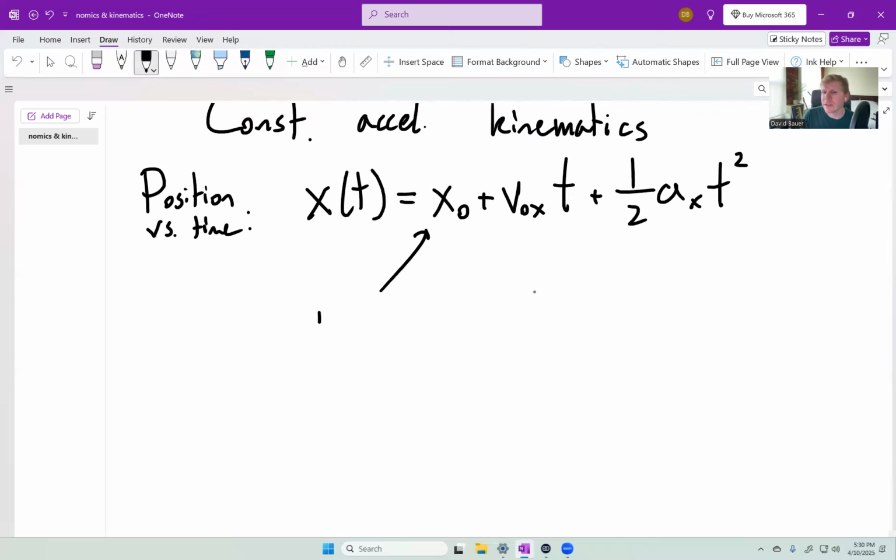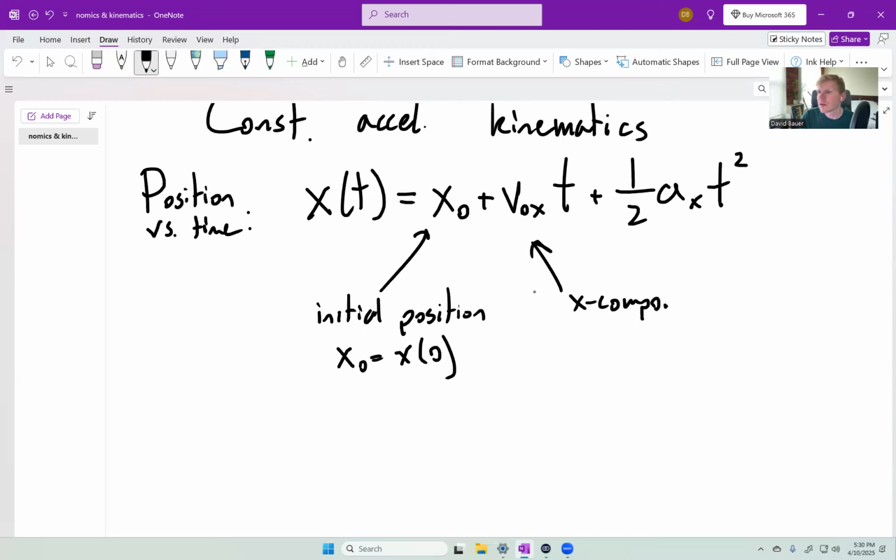The x naught here, this is our initial position. So the position at time 0. V naught x is the x component of the initial velocity. Okay, and then a sub x is the x component of the acceleration.